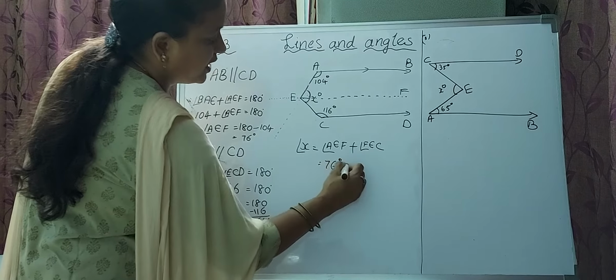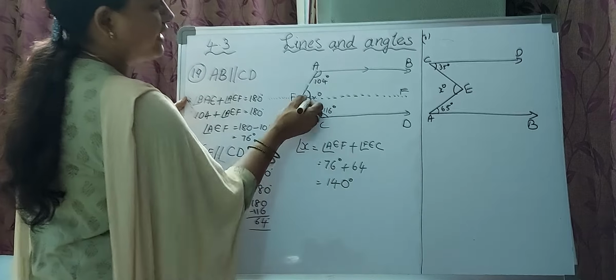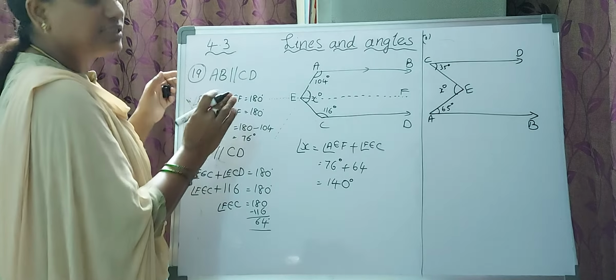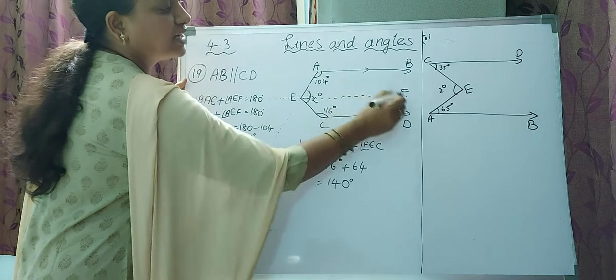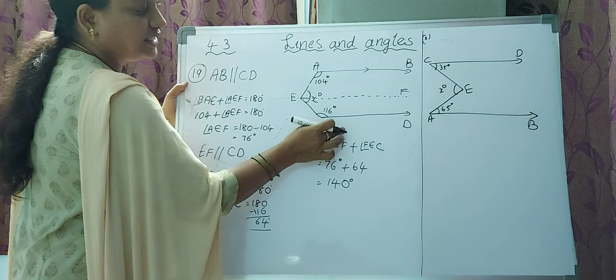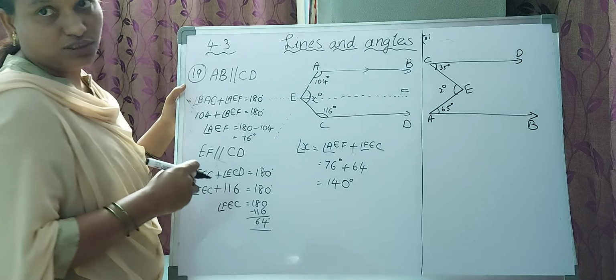How much? 6 plus 6 is 12, and 7 plus 7 is 14. 140 degrees. Angle x is equal to 140 degrees. Just you have to draw an imaginary line. If you draw an imaginary line that is parallel to AB and CD, then we can do this problem.